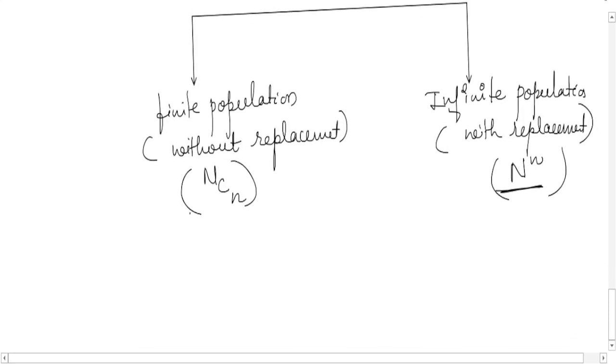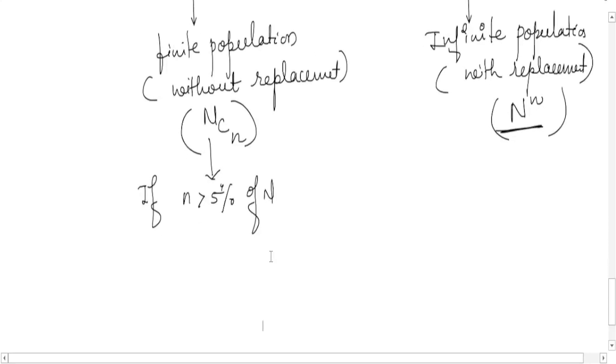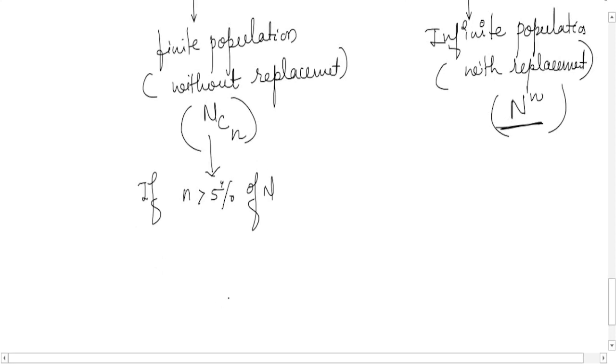Okay. So if the population size is finite, then we will check the condition whether sample size n is greater than 5% of N. In that case, we use the formula of standard error as sigma upon root n multiplied by root of N minus n upon N minus 1.